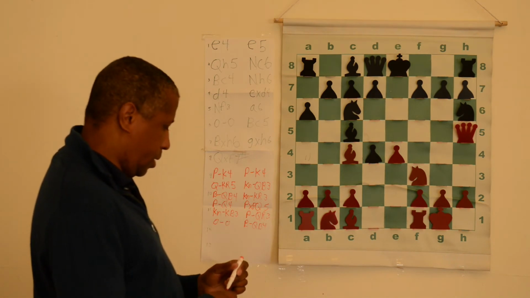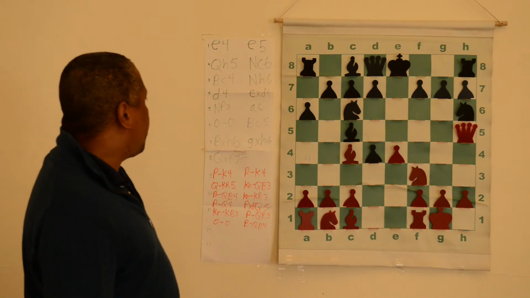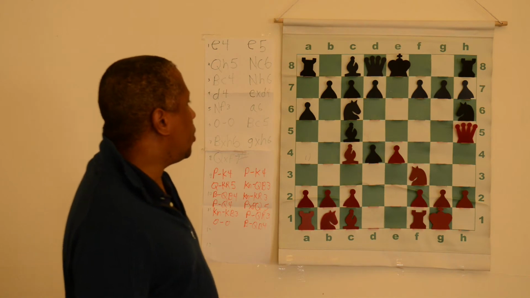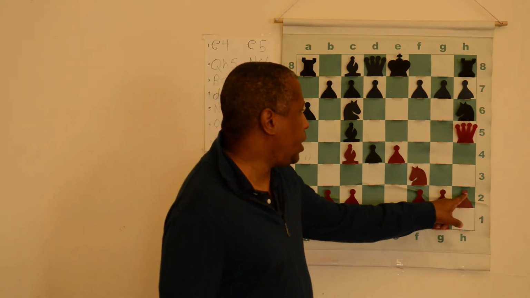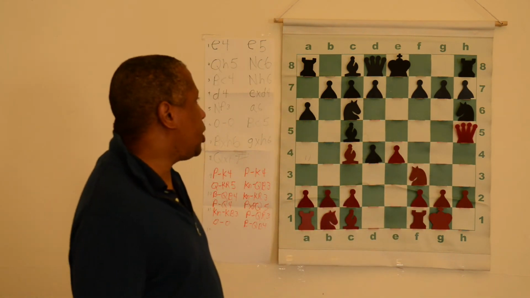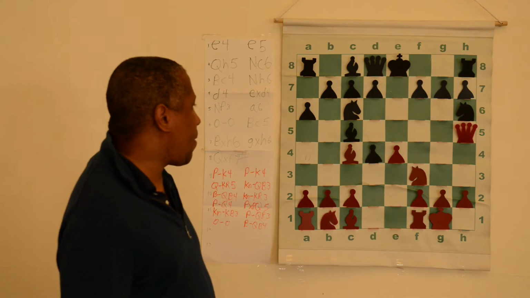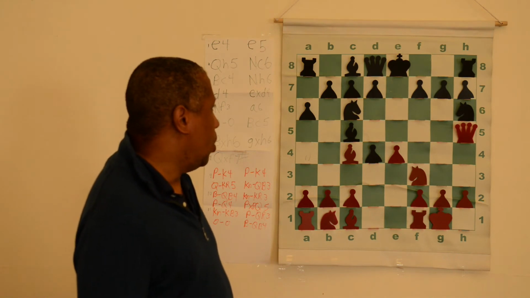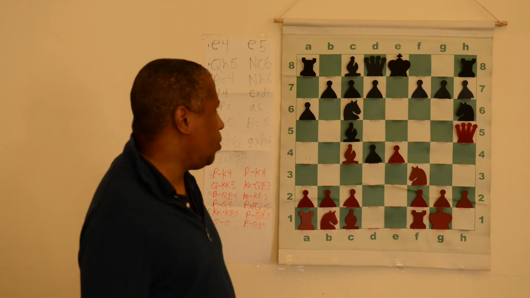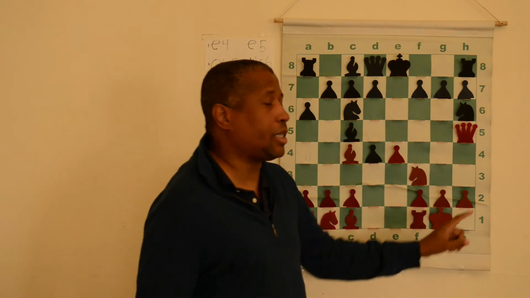Now, BXH6. So here's H, H1, H2, H3, H4, H5, H6. And the bishop takes on H6. So how would we write that in descriptive notation? Well, let's see. This is the king's side. This is the queen's side. So it's on the king's side.